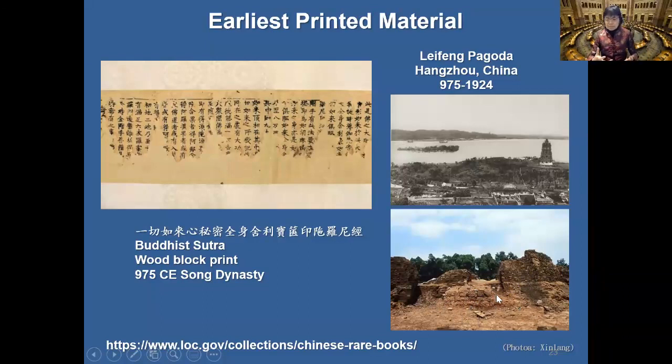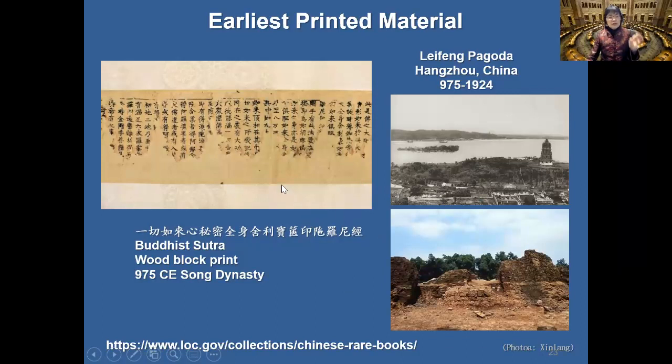They discovered all those very old Buddhist sutras. This one is one of them. So later in the early 20th century, some Americans went there and got it. So finally, the Library of Congress purchased it.